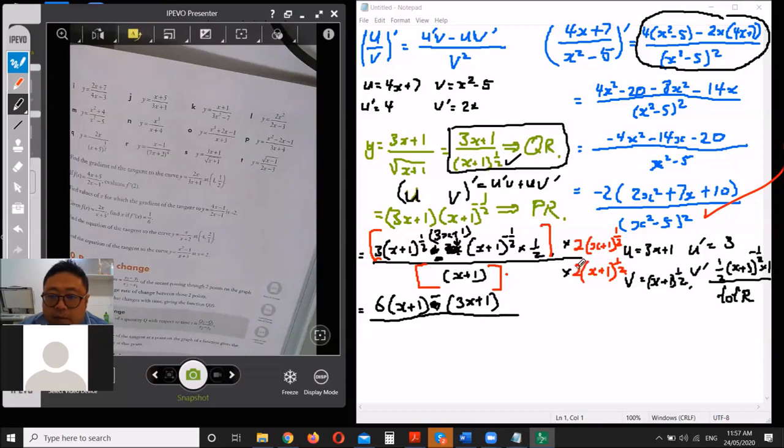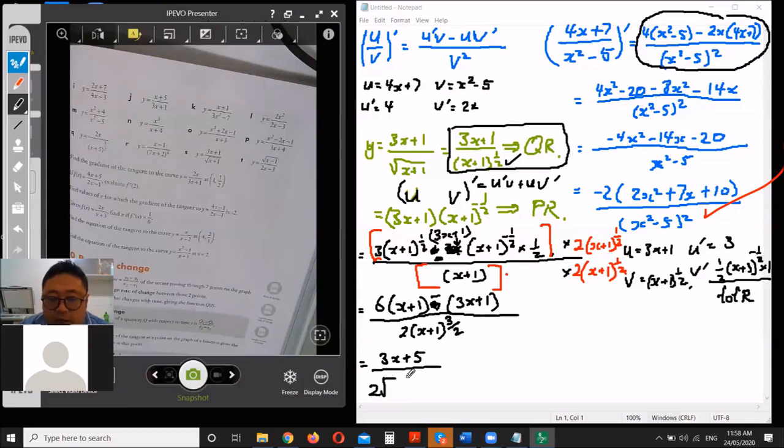Which half gets cancelled out by the 2? This and this. Yes, that's right. And then on the bottom, it'll be 2 outside of x plus 1 to the 3 on 2. Does that make sense? Cool. And then what does that become? So 6x plus 6 minus 3x minus 1 becomes 3x plus 5 on 2 outside of x plus 1 to the 3 on 2.